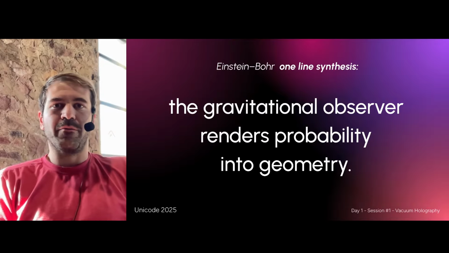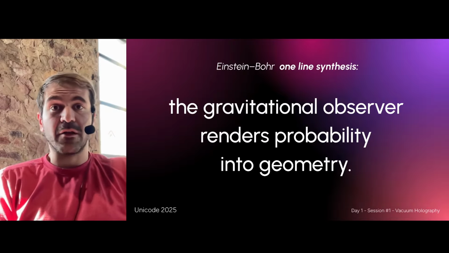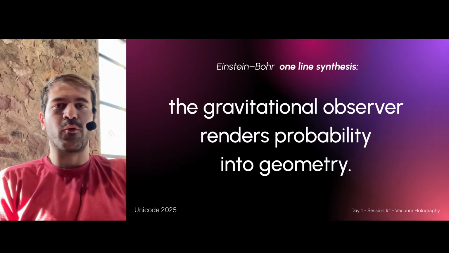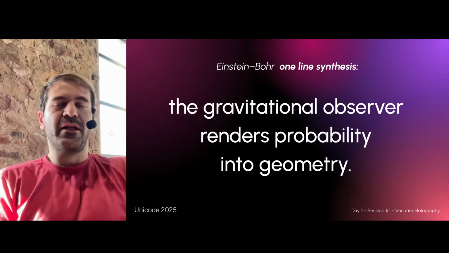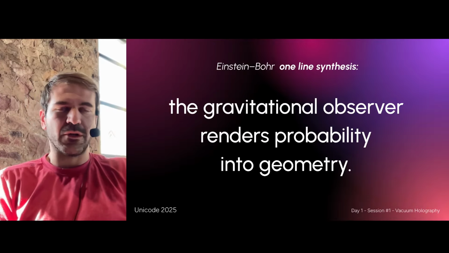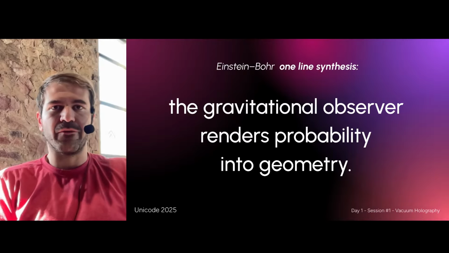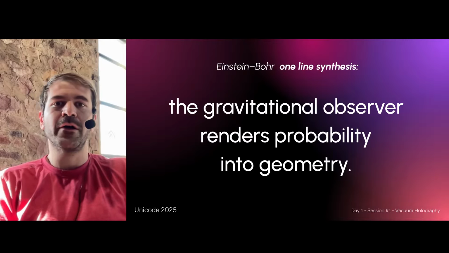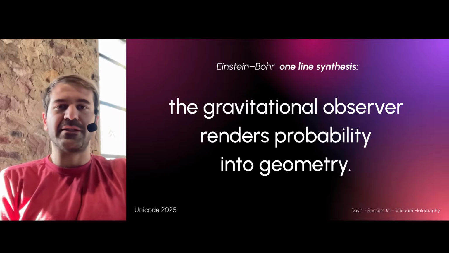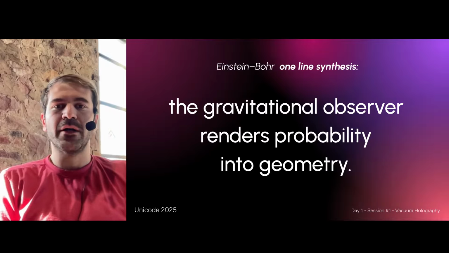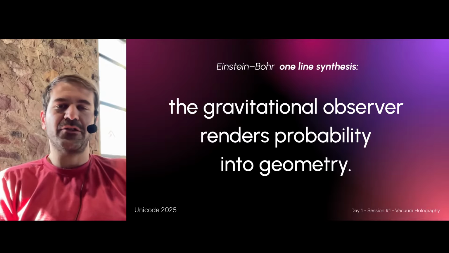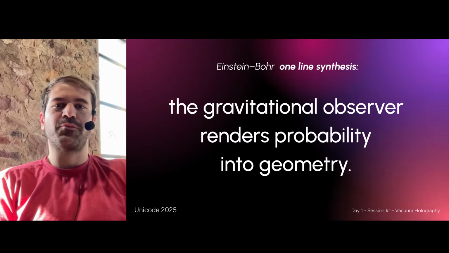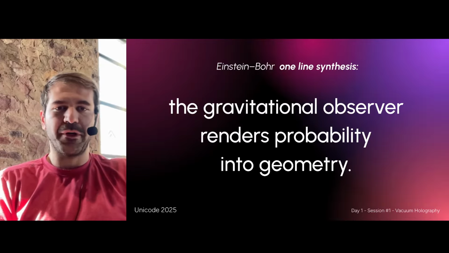We're celebrating the 100-year anniversary of quantum mechanics this year, and it's pretty close to how many years general relativity has been around, a little longer. But our one-line synthesis of Einstein and Bohr is that the gravitational observer renders probability into geometry.